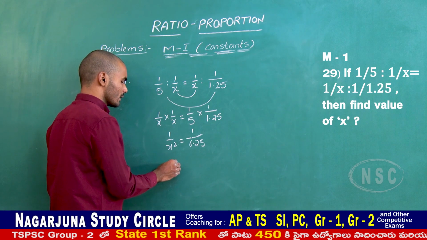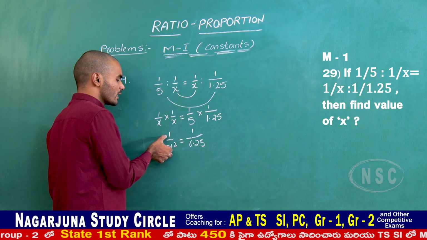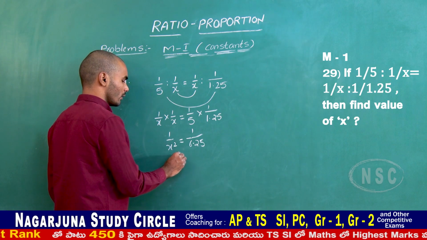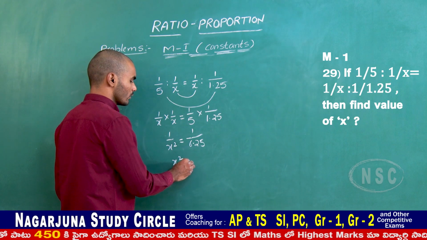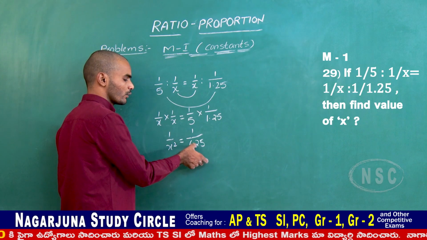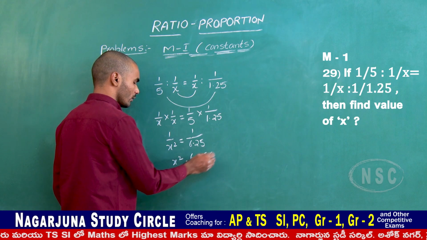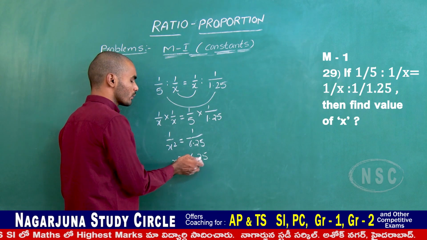X square here is the reciprocal, so it changes into the normal one. X square is equal to 6.25, also the reciprocal of 6.25 changes into normal.